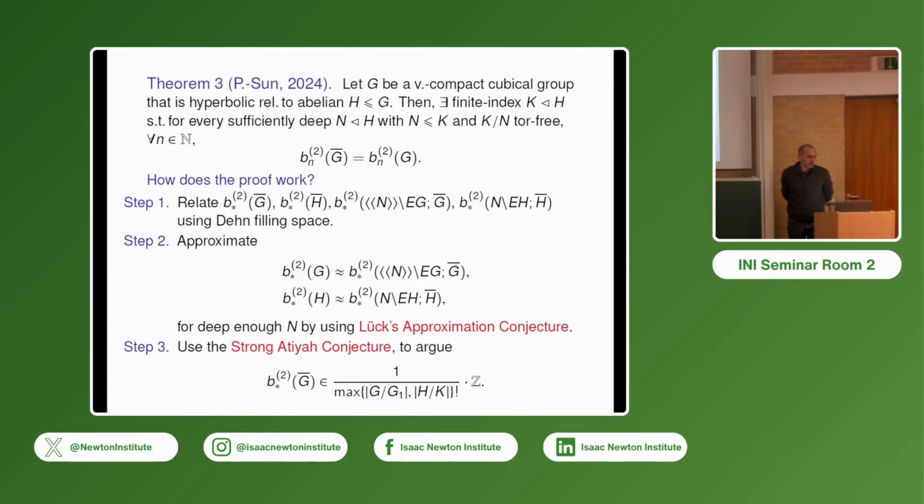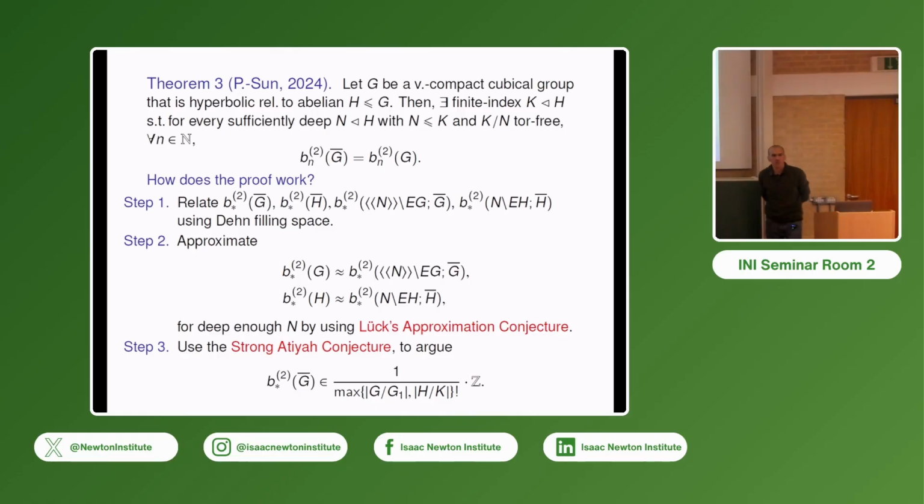I think we have a more general statement where we have to assume that G is virtually locally indicable, and H is a hyperbolically embedded amenable subgroup. Yeah, some extra conditions. There's a more general statement, but for the first ones, it's not necessary to say that it's just virtually abelian.